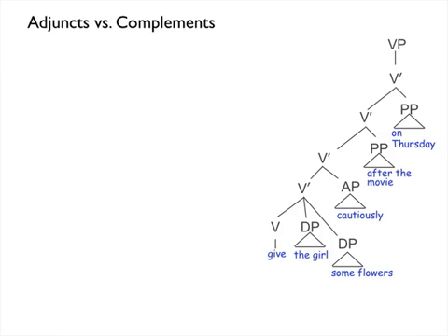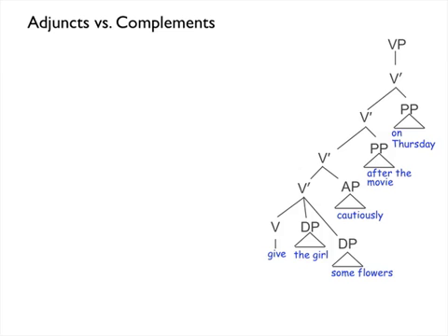All of these things are stuff you can just throw into almost any clause. Give me any verb phrase as input, I can put on Thursday after it pretty much, right? Some cases would be a little bit weird, but you can almost always do that.